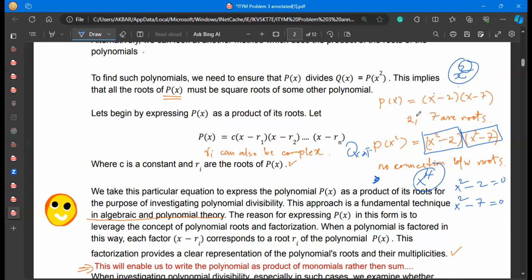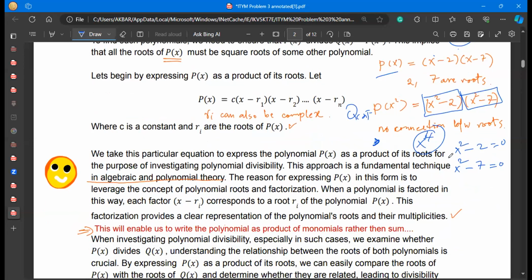The first thing is that there is no such connection between the roots of P of x and the roots of P of x square that you are mentioning, that you said in your talk. So do you get this, that we have a product of two things getting 0, so one of them should be 0.